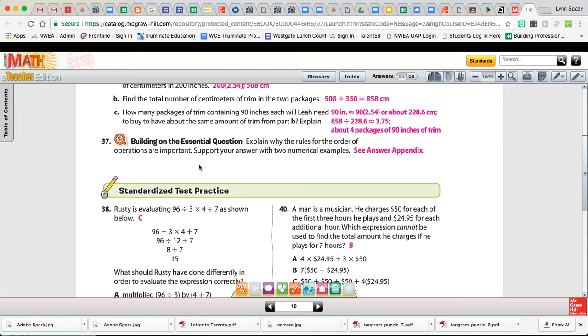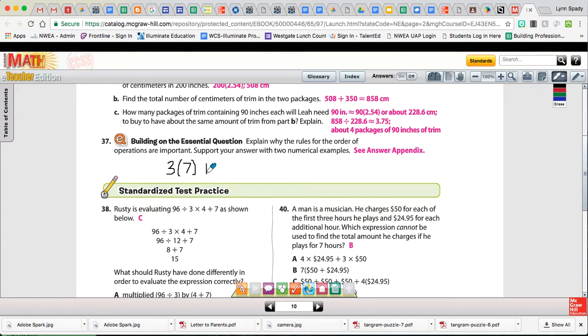So one way I can explain that is, let's just say football. Let's say that the team scored three touchdowns, which we know is 3 times 7 points, right?